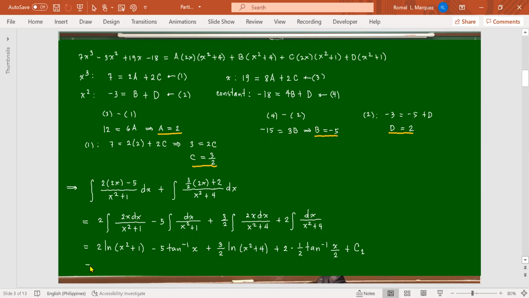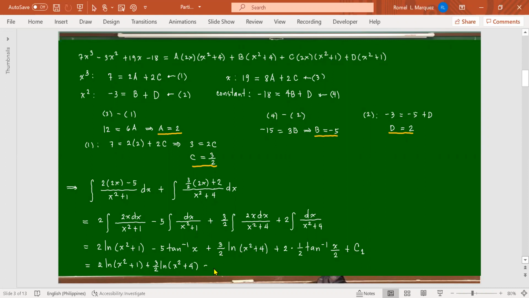So finally, we have 2 times ln of x squared plus 1. Let's put the logarithms next to each other. So plus 3 halves ln of x squared plus 4.